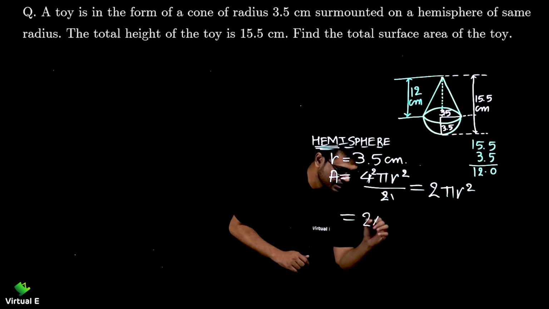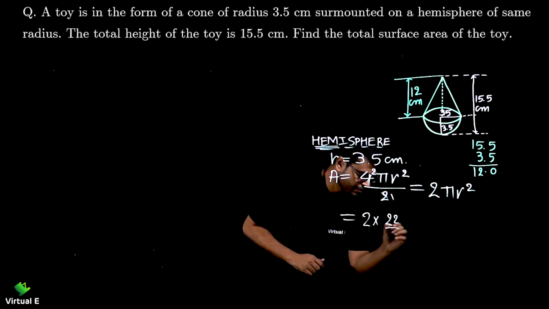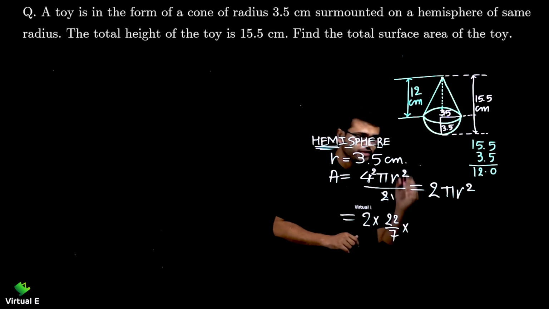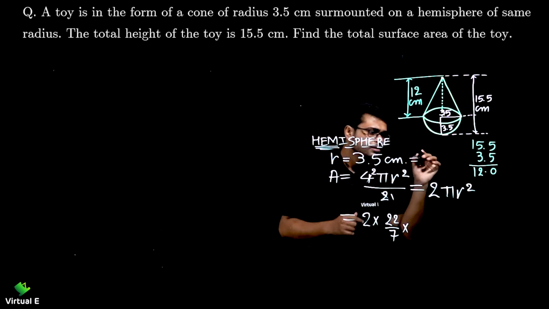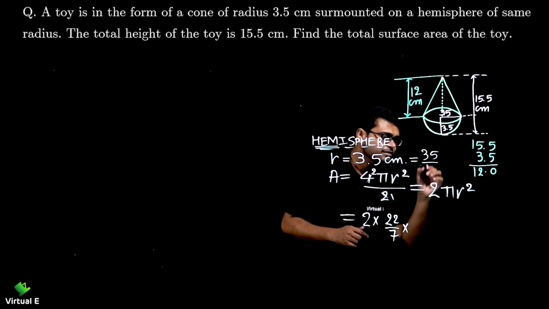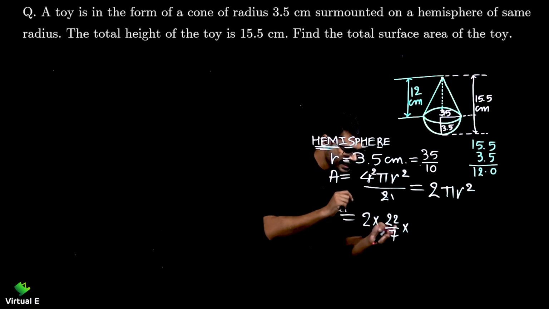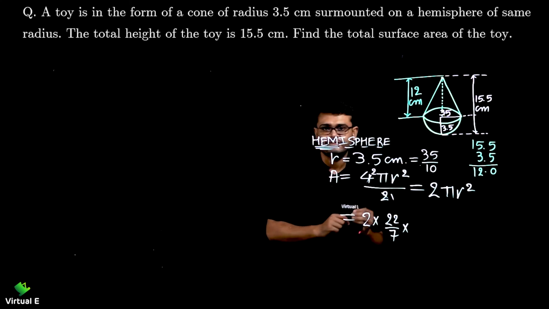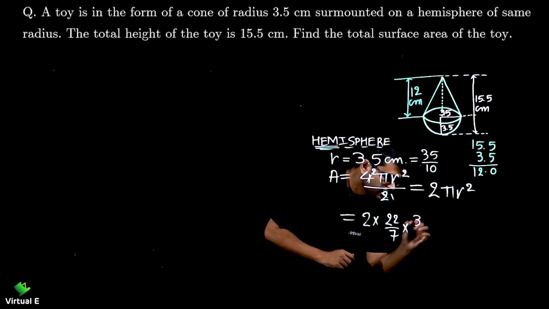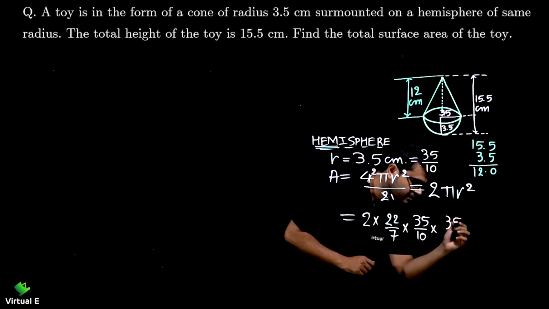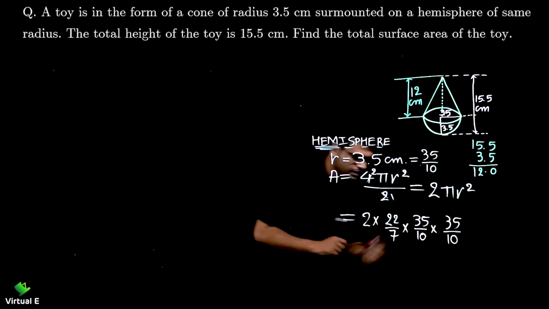So 2 as it is, pi is 22 by 7, into r square. R is 3.5. Can I write 35 over 10? The reason I did it is because I can cancel with 7 and 35. So 35 over 10 multiplied by 35 over 10.